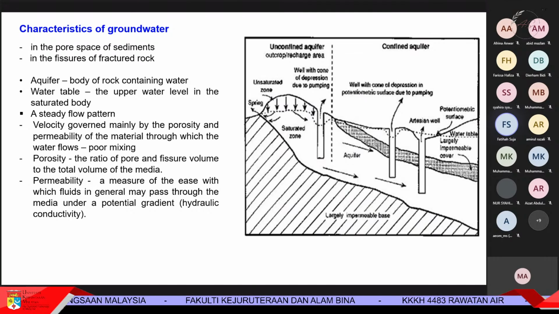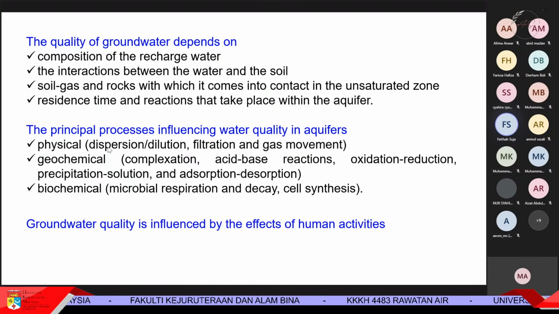Okay, the quality of the groundwater actually depends on the composition of the recharged water, the interactions between the water and the soil, gas and rocks with which it comes into contact in the unsaturated zone, residence time and reactions that take place within the aquifer. So the principal processes influencing water quality in aquifers: first, physical. You can have dispersion, dilution, filtration, and gas movement.